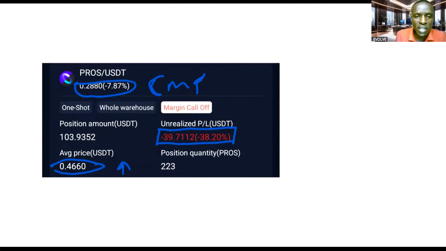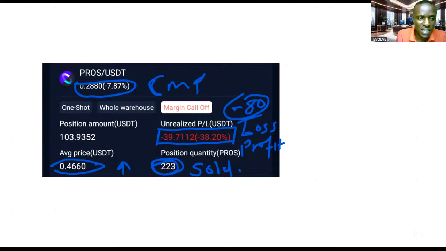We also said that this is not loss or profit until the deal is closed, until the quantity is sold. So even if you see negative 80, our goal is not to have a very big negative.